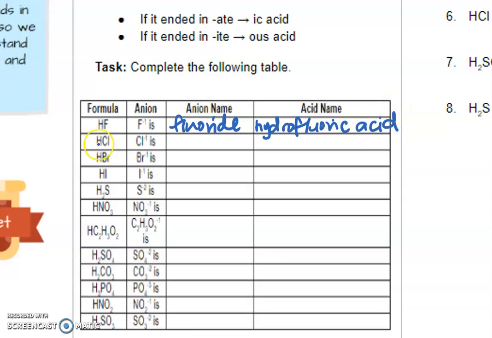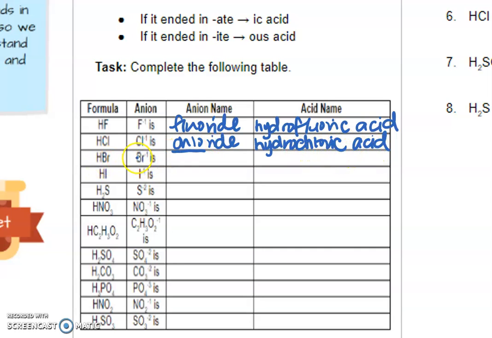Next one, HCl, no oxygen. So I think about what Cl is called. That's called chloride. Instead of chlorine, we change it to ide. So hydrochloric. You're changing the ending again from IDE to ic, so hydrochloric acid.